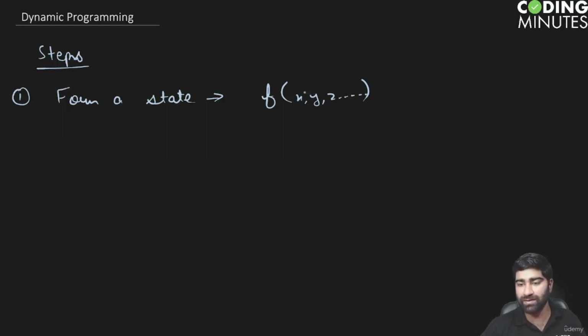In this dynamic programming playlist, firstly we'll understand what DP is. We'll understand some basic terms of DP. Then we'll simply move on to solving all those 26 problems. After solving those problems, you'll get a good idea of what dynamic programming is and where it can be used. After that, we'll solve some classical problems.